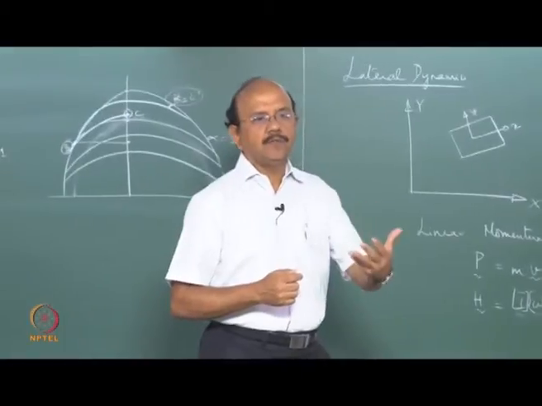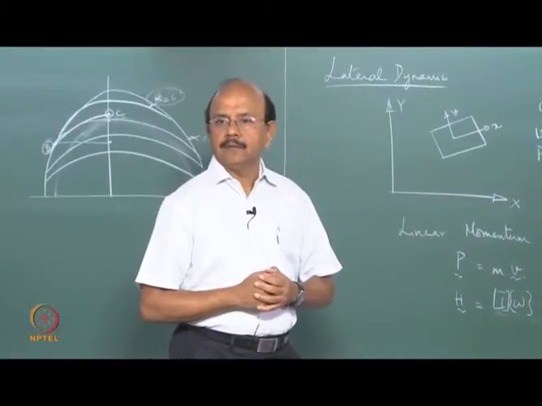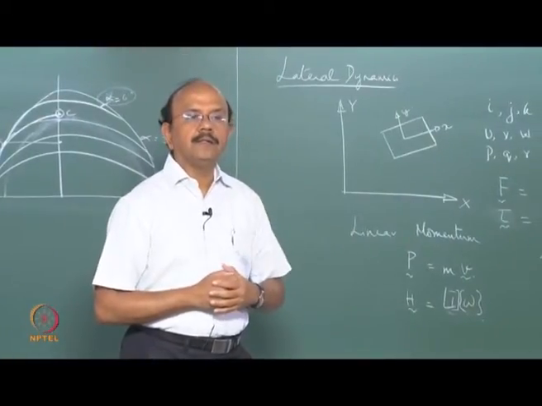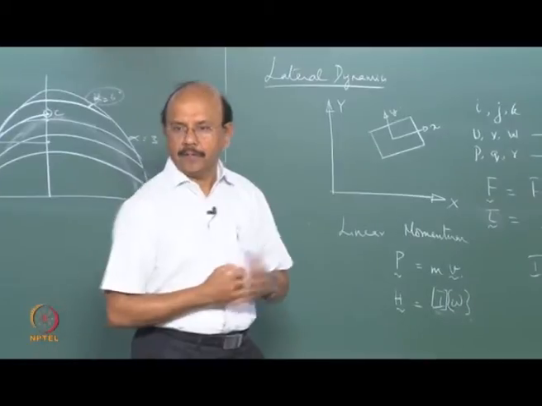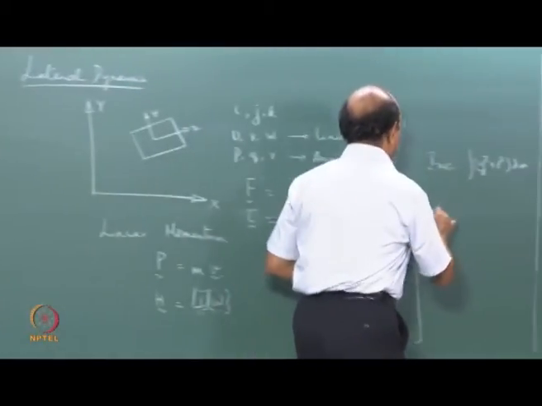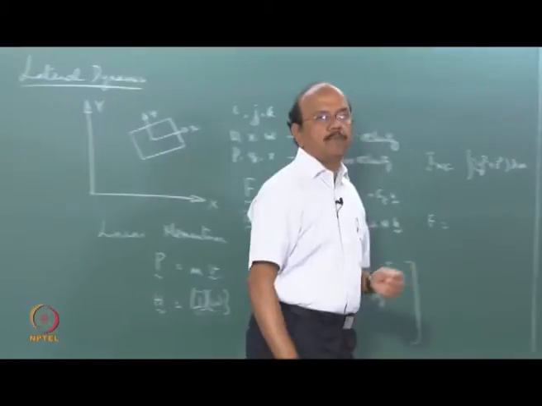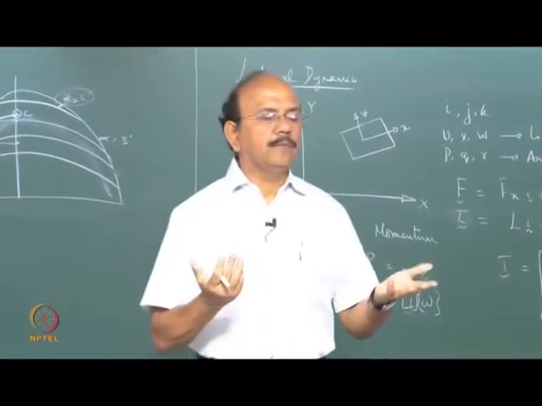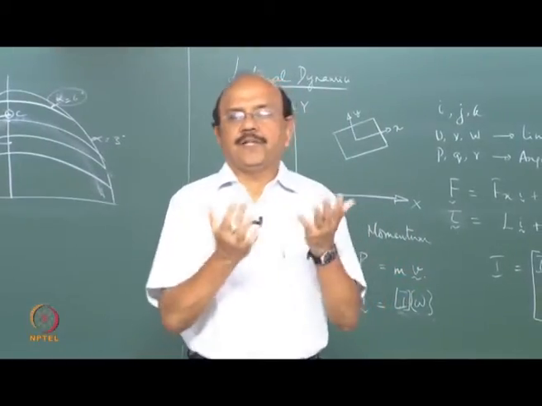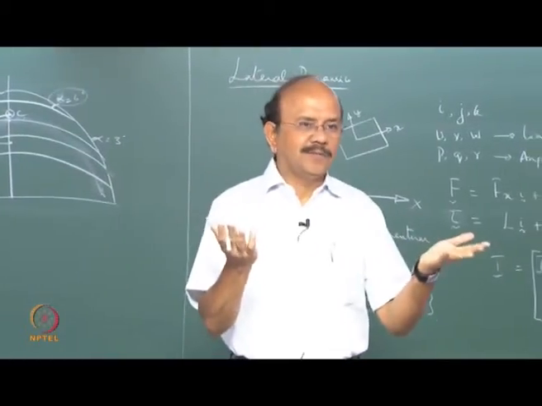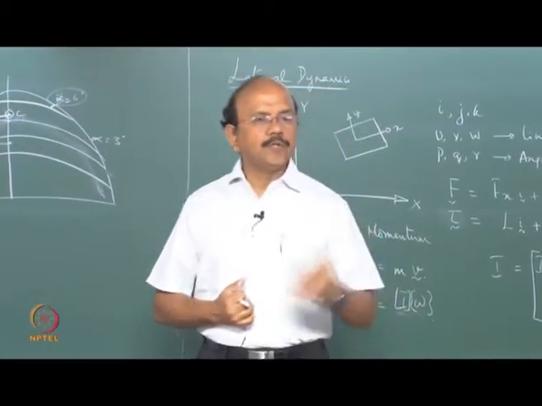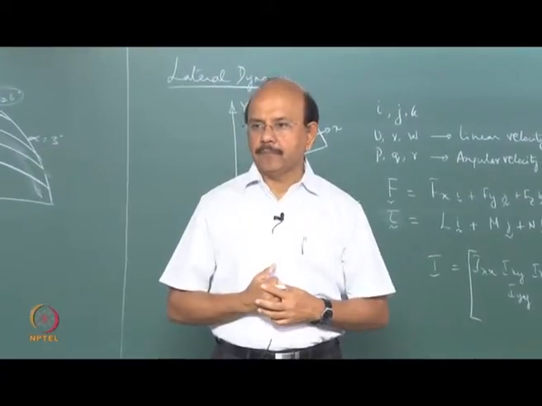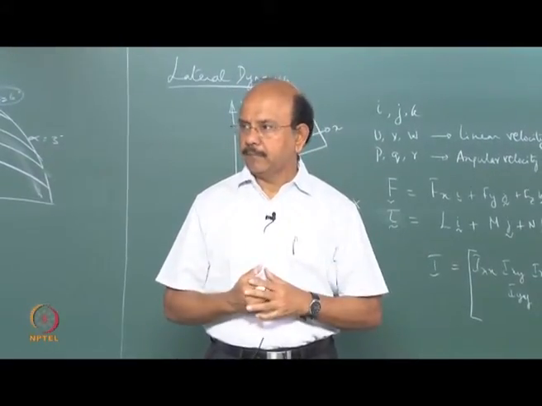From this, we go to write the Newton-Euler equation, right? We're going to have some peculiarities, we'll come to that in a minute. So what does the Newton-Euler equation say? If it is just F equals ma, we call this Newton's equation. If it's a Newton-Euler equation, we also include the moment that is acting on the body.